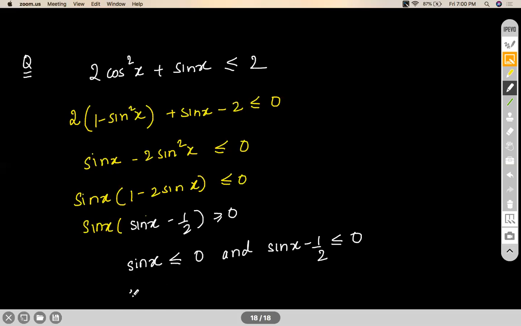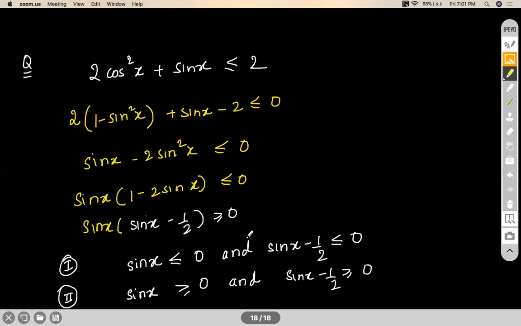Or if both are positive. So case 1 is this, case 2 is this. If the product of two things is positive, either both could be negative or both could be positive. Correct? Okay.